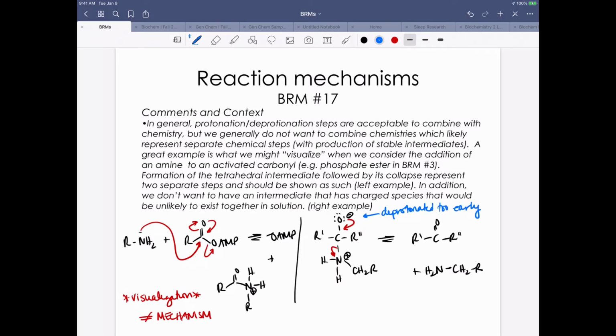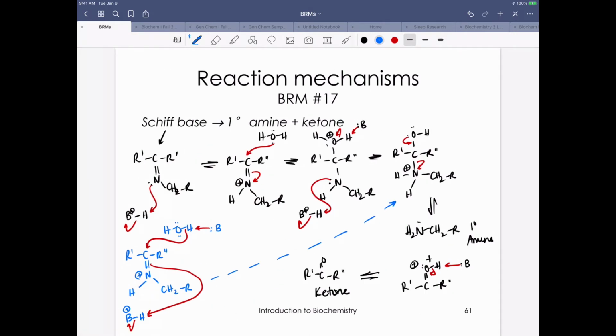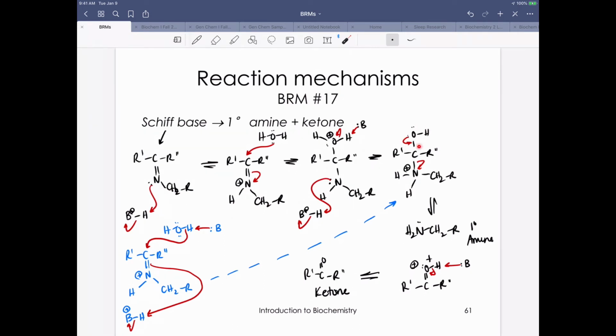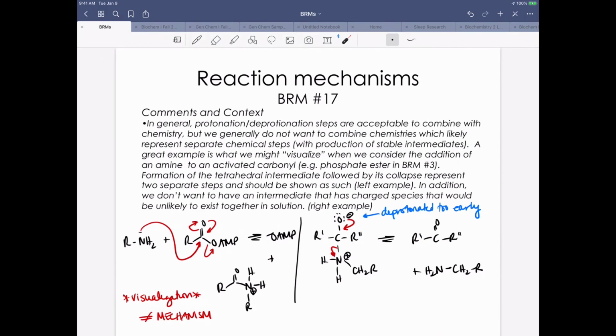So I'm going to flip back just for a second to show our mechanism here. We're representing this step right here. What this is trying to show is, let's deprotonate this first, generate a negative charge there, and then do the chemistry. But remember how we talked about how we're unlikely to have positive and negative species within the same molecule, unless their pKa's dictate that.